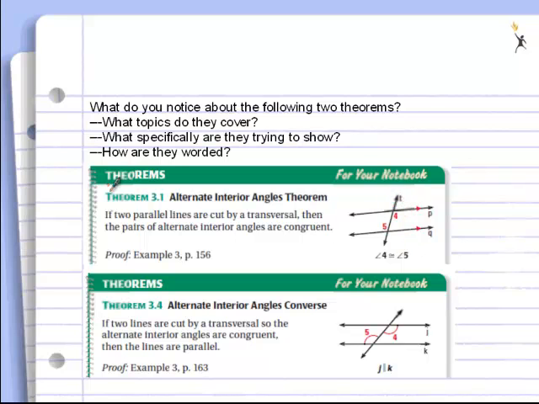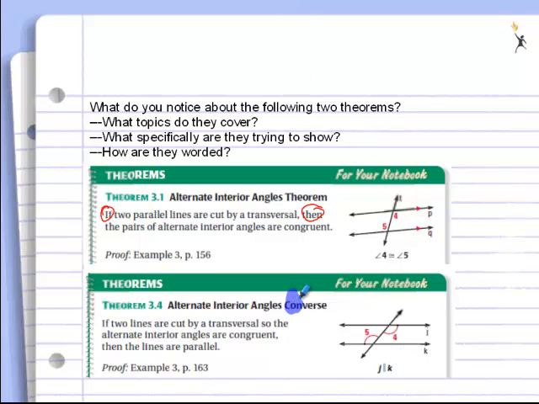It says if two parallel lines are cut by a transversal, then the pairs of alternate interior angles are congruent. Let's look at the second one. Alternate interior angle converse. This one's the alternate interior angle theorem. This is the alternate interior angle converse.